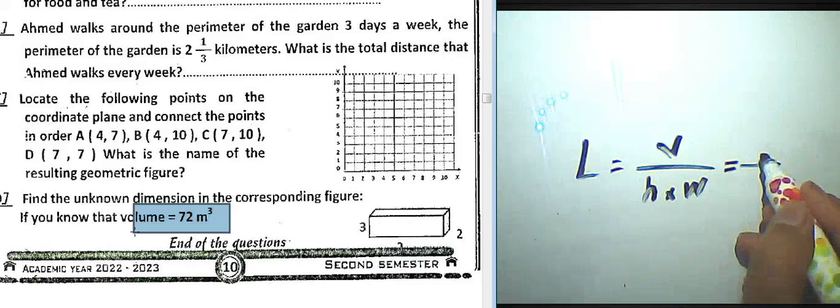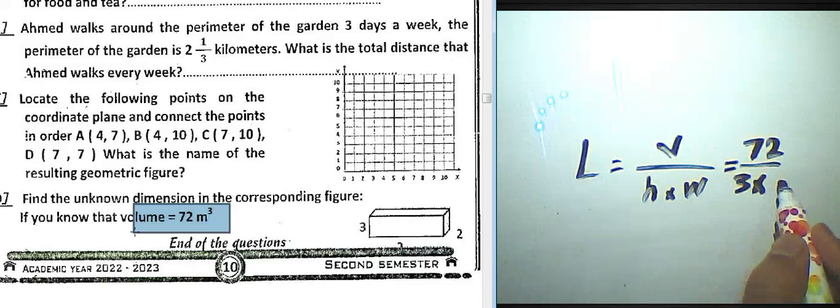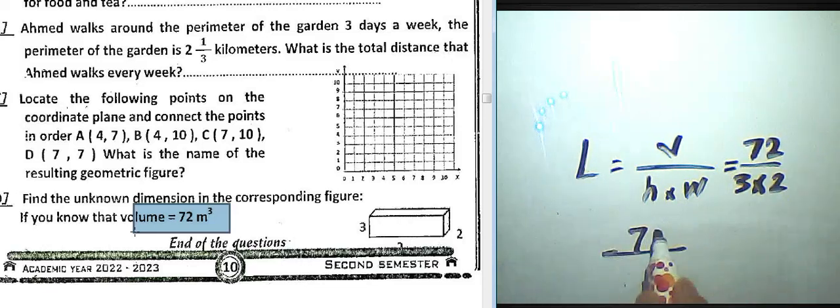He gives us 72 over height 3 multiplied by width 2. It will be 72 over 6 equals 12 centimeters. So the length will be 12 centimeters.